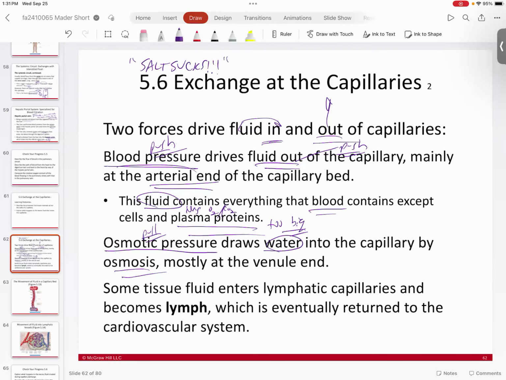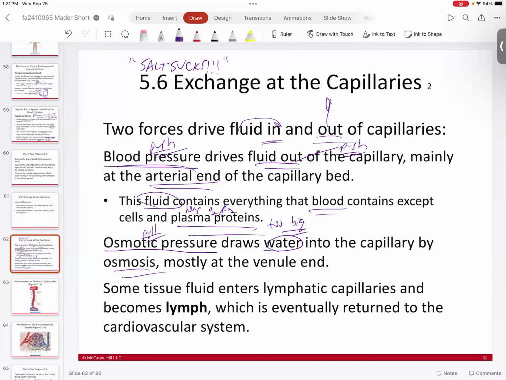Basically, the saltier something is, the more of a sucking effect it has on water, right? And this is actually how you move water in your body. You don't move your water by saying, water, move here. You move it by creating a salty area, and that salt has a sucking effect on the water. So the water always chases salt, just like my beagle always chases the Alpo snap, right?